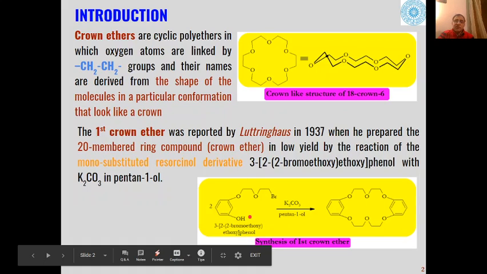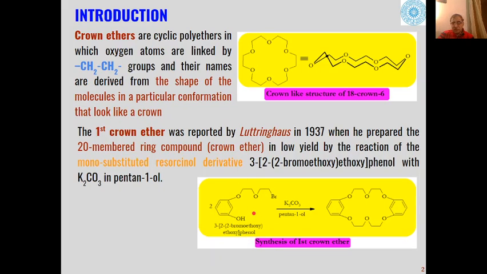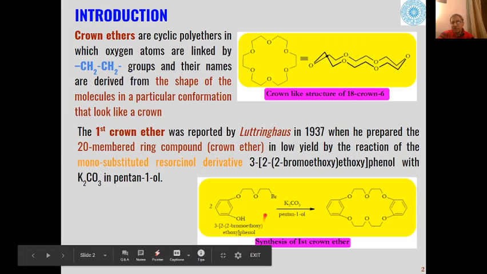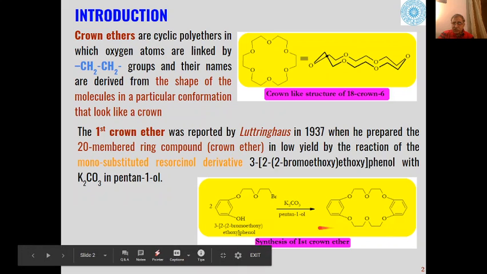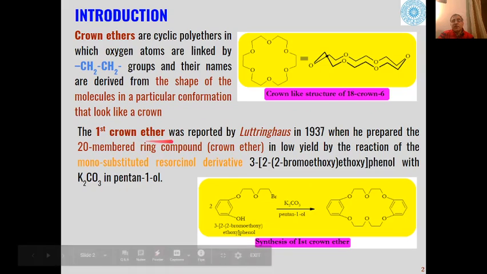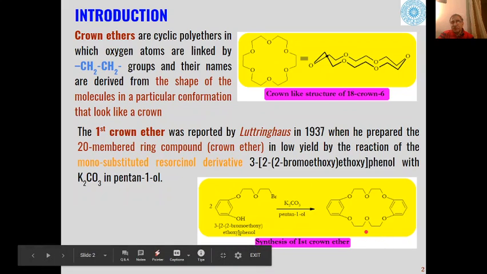When two molecules of this substituted phenol were reacted in the presence of a base, potassium carbonate, in pentan-1-ol as the solvent, these molecules cyclize to give us this type of crown ether. So this was the first report where synthesis of this crown ether was achieved in very low yield.